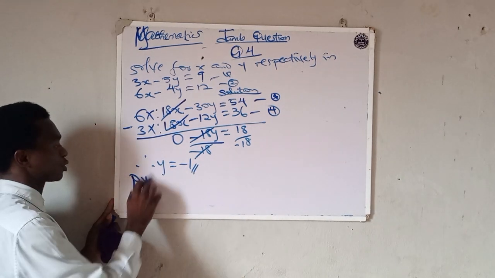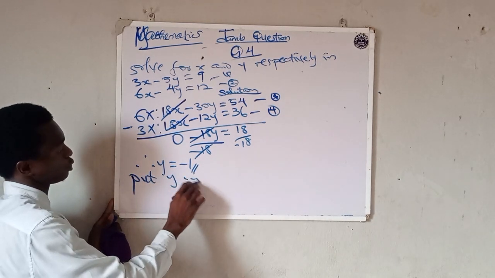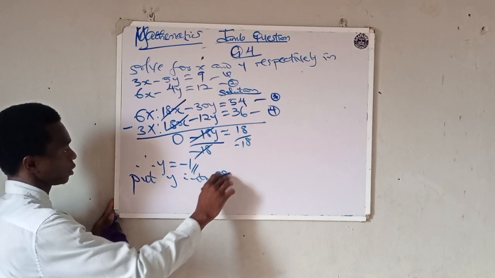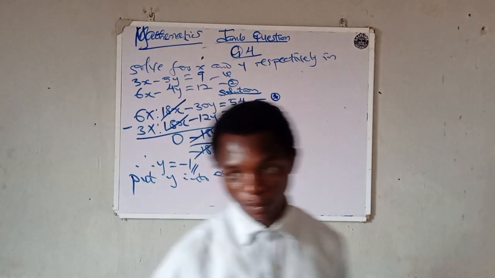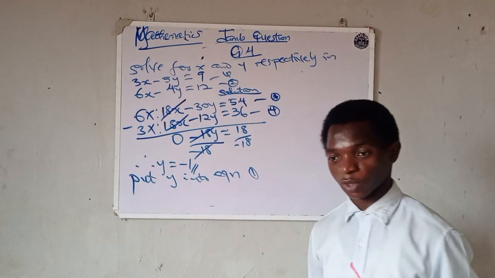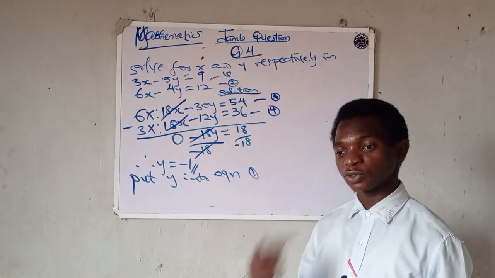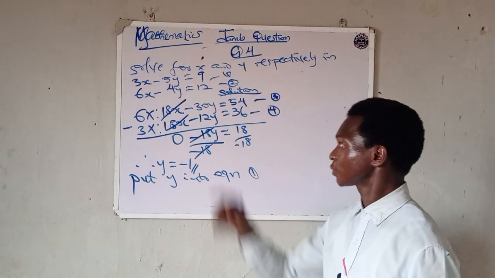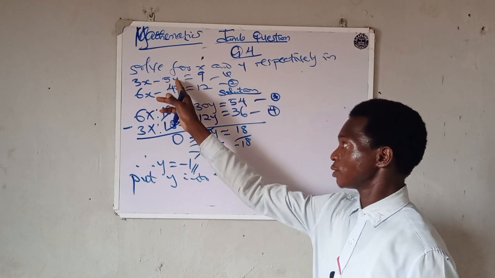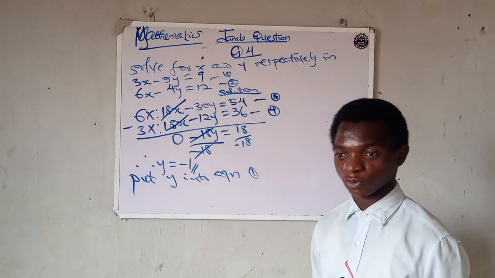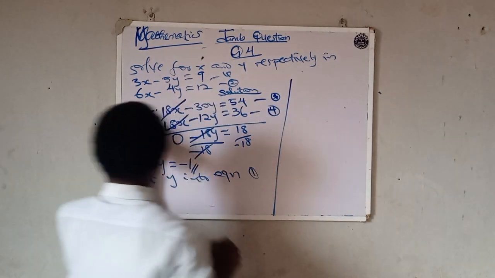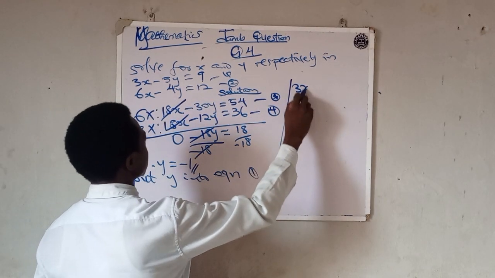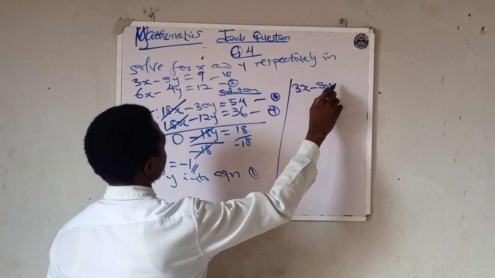You now say put y into equation 1. I'm sure by now you know what your y is. y is minus 1. So while you're substituting y into equation 1, where I see y, you replace it with minus 1. So what is equation 1? Remember, 3x minus 5y equals 9.